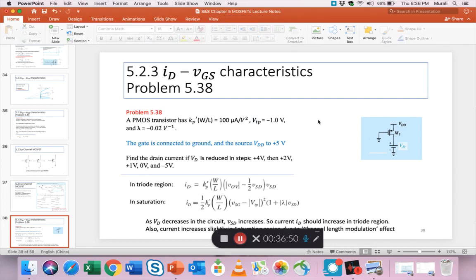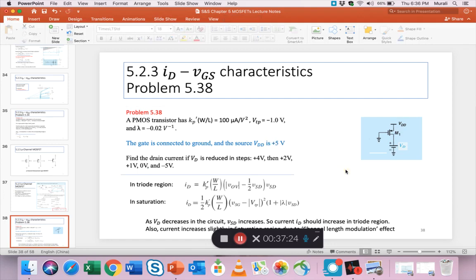So the VTP is given as minus 0.1, but then in our formulas we just take the absolute value. So you can say the negative kind of gets dropped in this formula. So anyway, VTP is given, also lambda is given. Thankfully we don't have to derive this lambda. So the gate is connected to ground, as you can see here, and the source VDD is plus 5 volts.